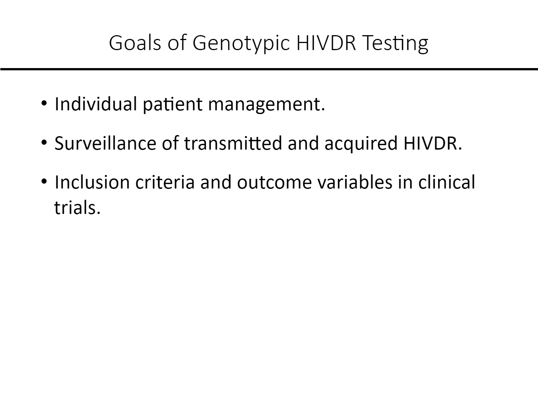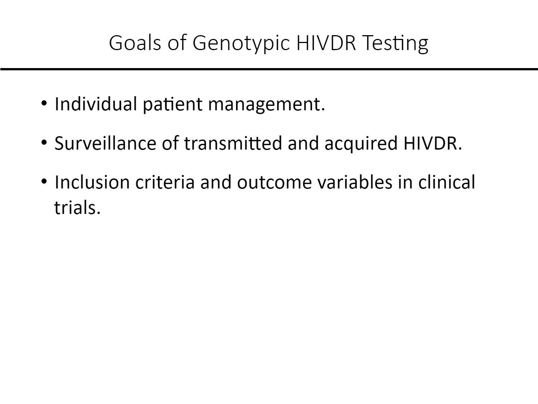Genotypic HIV drug resistance testing is performed for three main purposes. In upper-income countries, it is performed to optimize the management of individual patients. In lower and middle-income countries, it is performed largely for the surveillance of transmitted and acquired HIV drug resistance.